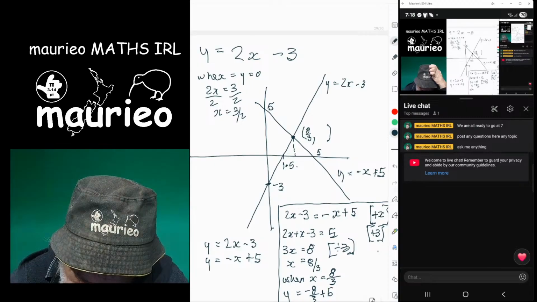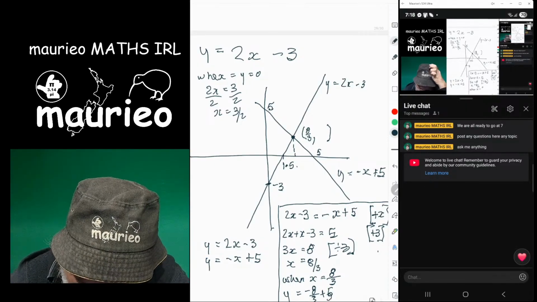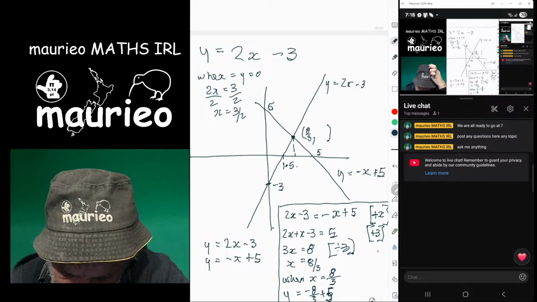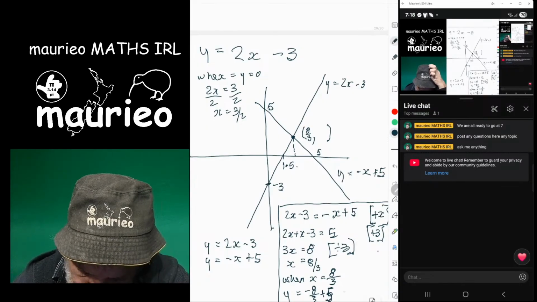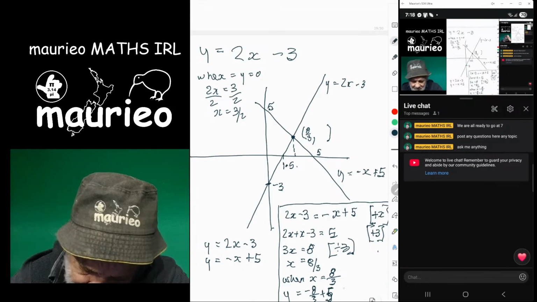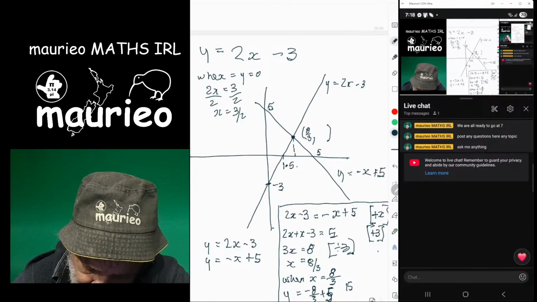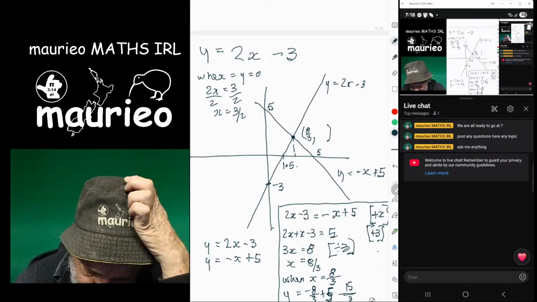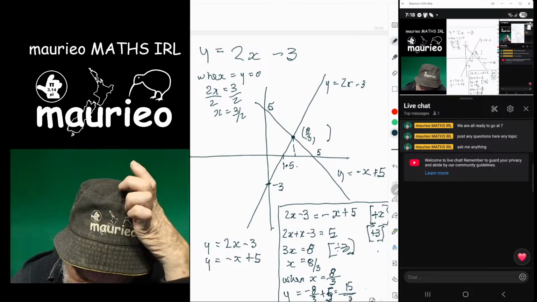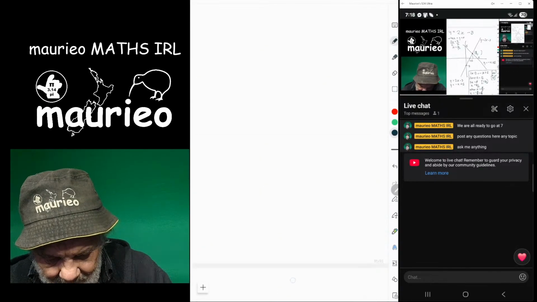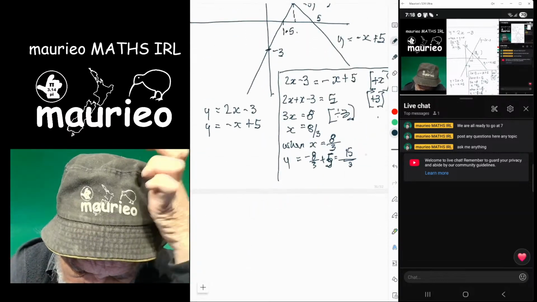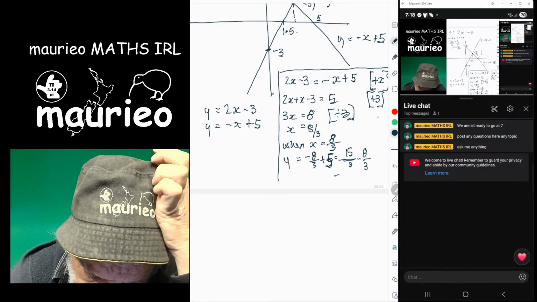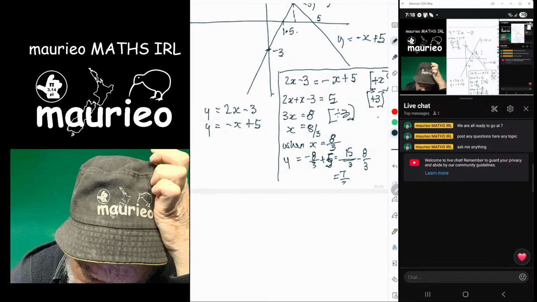If we make 5 in thirds, that's 15 over 3, minus 8 over 3 equals 7 over 3.